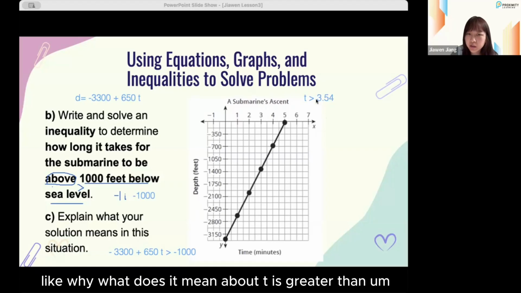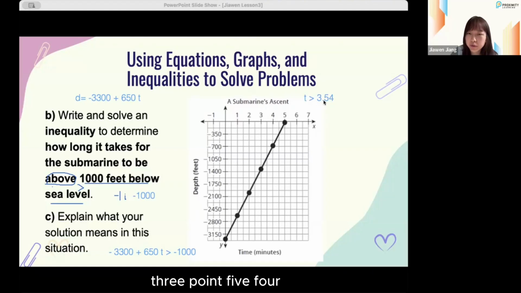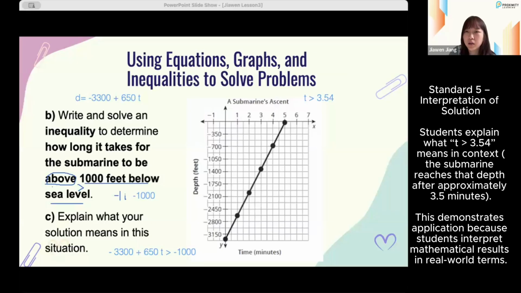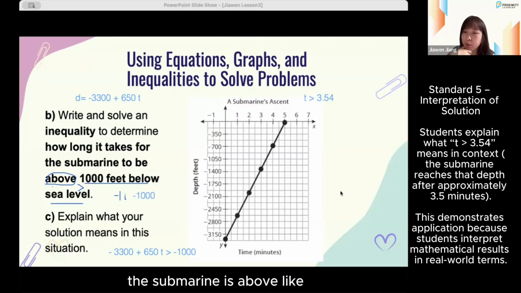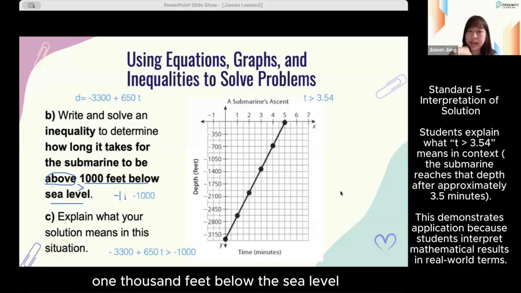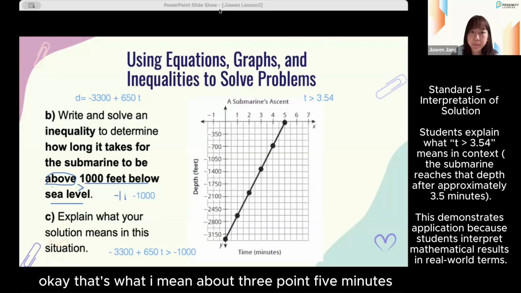Like what does it mean that T is greater than 3.54? Okay, so because after about 3.5 minutes, the submarine is above 1,000 feet below the sea level. That's what I mean by 3.5 minutes.